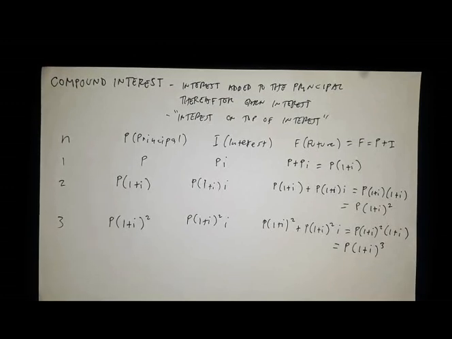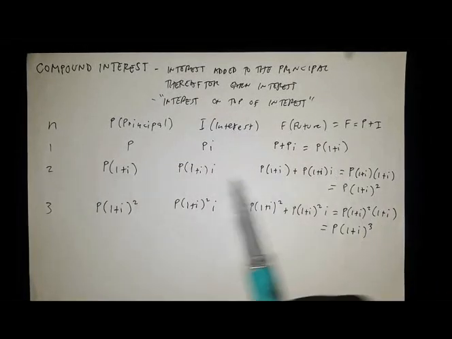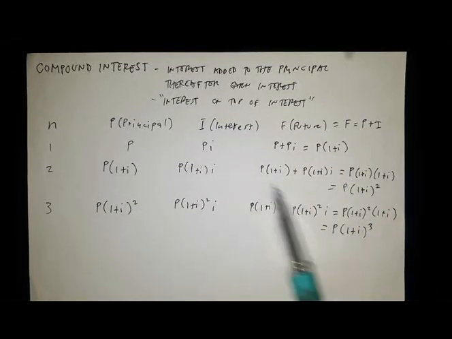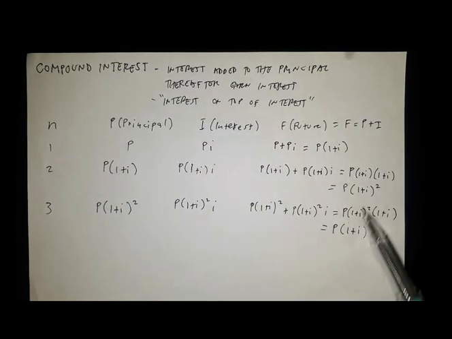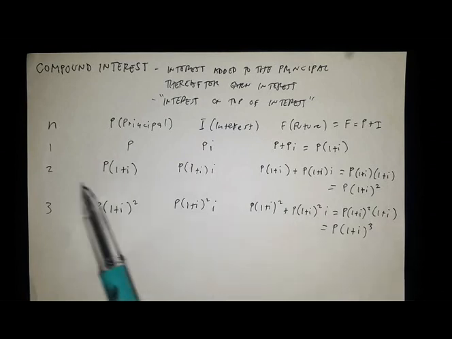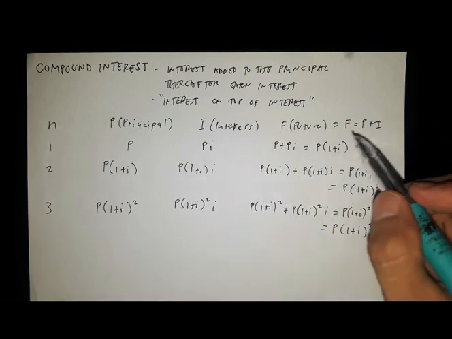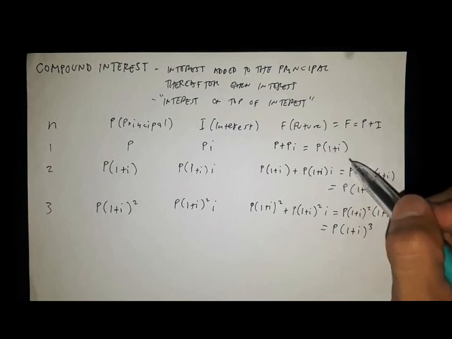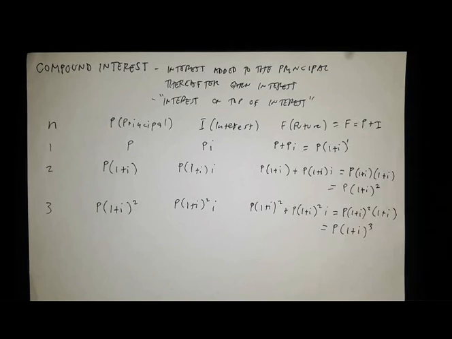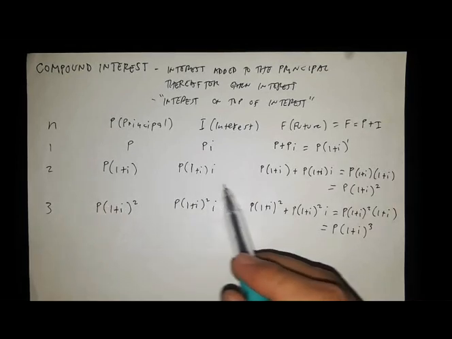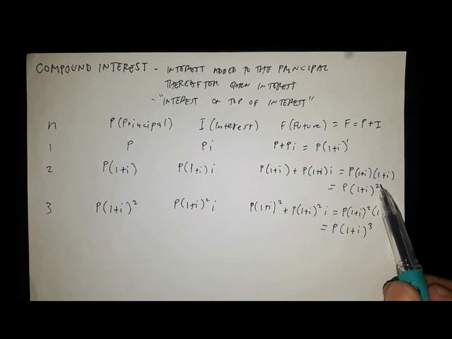So, if you notice the trend, as the period increases, the future amount increases. For the first period, we have F equals P times 1 plus I, raised to 1. For the second period, we have F equals P times 1 plus I squared.